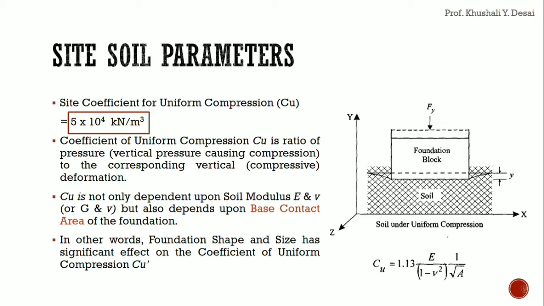This particular value is not only dependent on E, that is soil modulus, and Poisson's ratio, but it is also dependent on base contact area. So we can say it is dependent on foundation shape and size as well, as the equation notes.